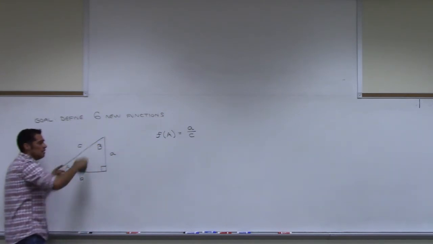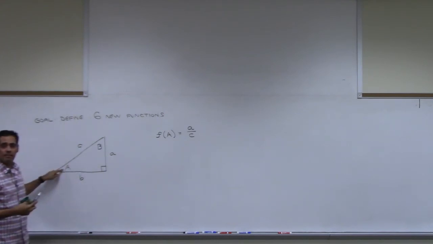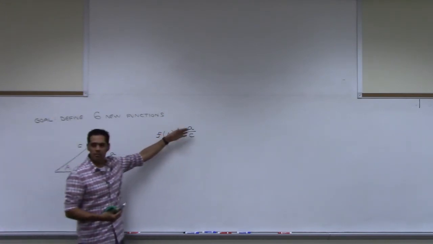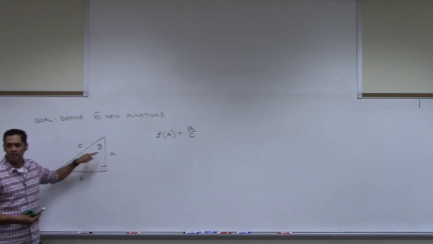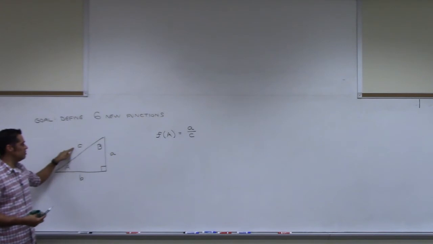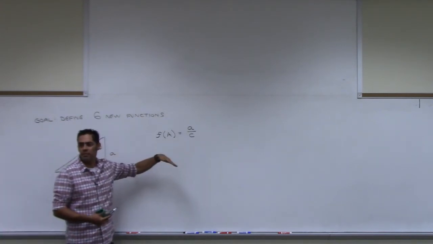Agreed? Now, this function takes in this angle, and it's spitting back to me a ratio, a fraction. And that ratio is this side of the triangle divided by this side. So if this is 1 and this is 2, then f of A would be 1/2. That's it.